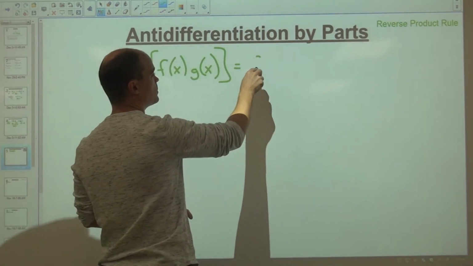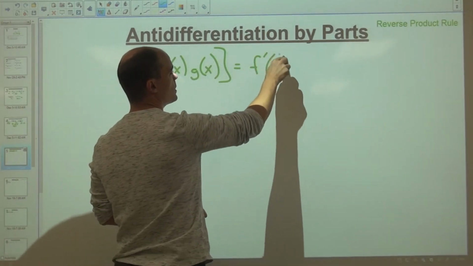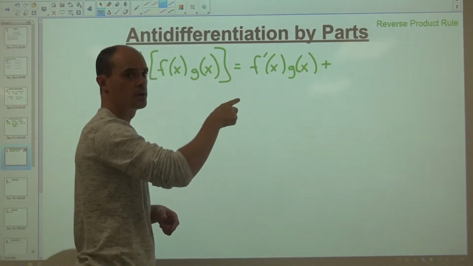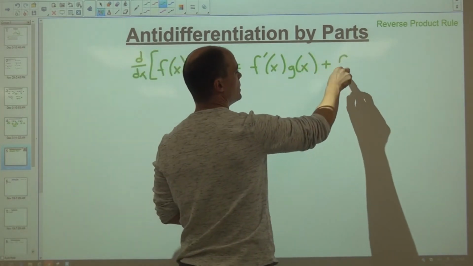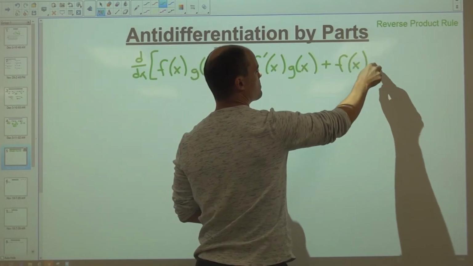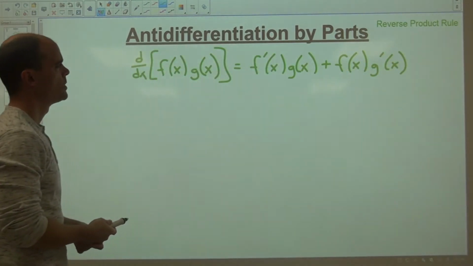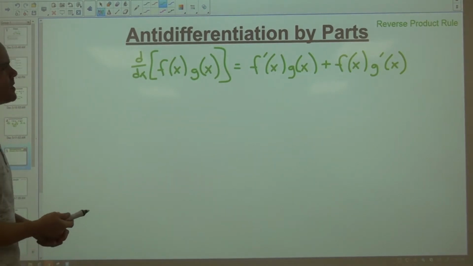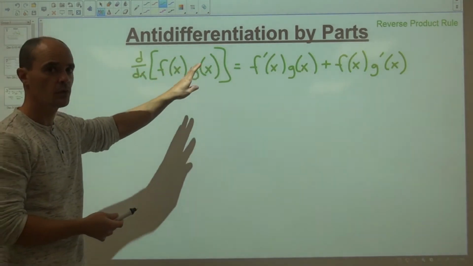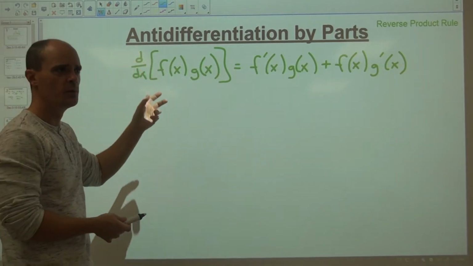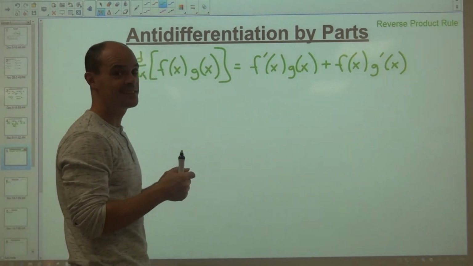We know the product rule is the derivative of one of them times the other, addition. It's addition. And then the first function times the derivative of the second. So what are we tasked with today? Well, somebody has performed a product rule already. We have to undo it. Whew, this is going to be fun.